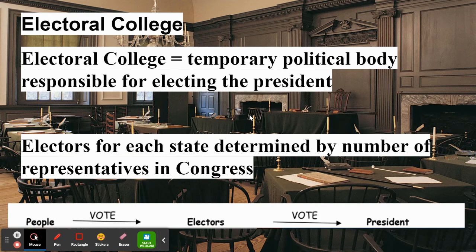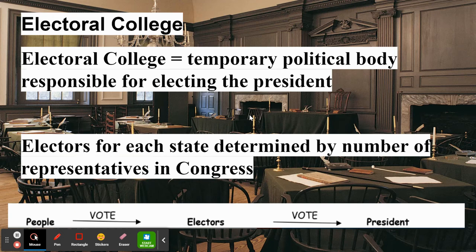And so the idea of the Electoral College is the people vote for the electors, and the electors vote for the president. So the people indirectly are voting for the president. Typically, the electors vote in the same way as the people did. So the electors of Ohio would vote for who the people of Ohio voted for, the most popular choice.